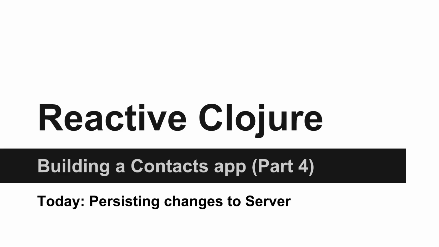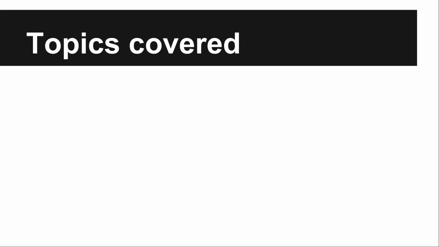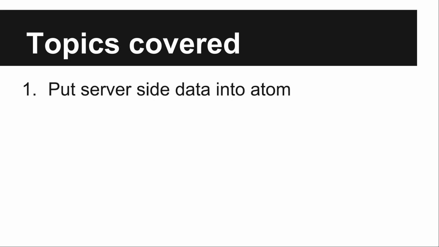So when reloading the page, the changes will still be persisted. Persisting here doesn't mean we're going to write these things to a database or something. We're just keeping them in an atom on the server side, so no database mangling today.